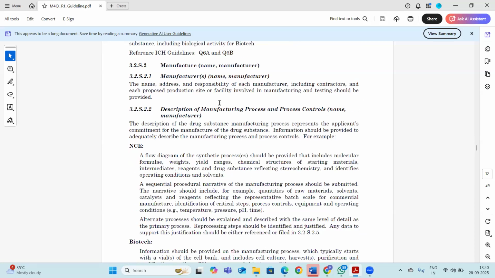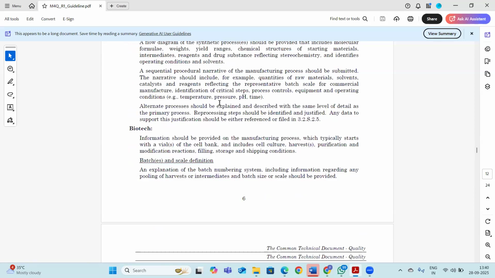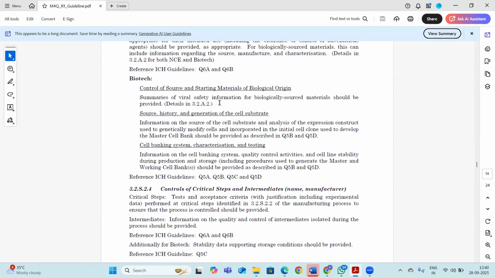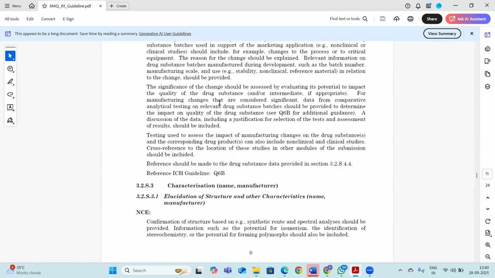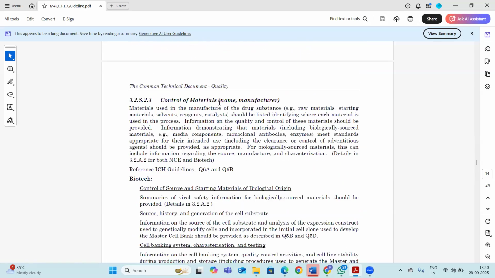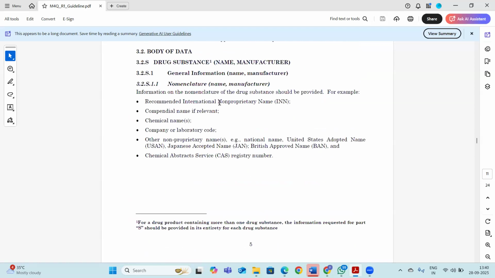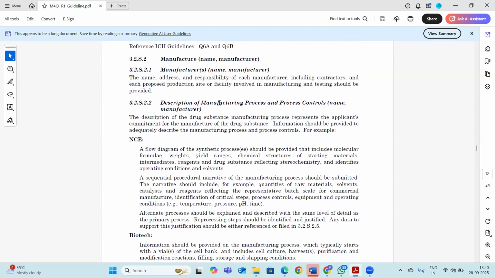Then comes your manufacturer. So under manufacturer, the 3.2.S.2 is divided as 3.2.S.2.1, 2.2, 2.3, 2.4, 2.5, 2.6, in 6 subsections. 3.2.S.2.1 talks about manufacturer, name, address, and responsibility of each manufacturer.